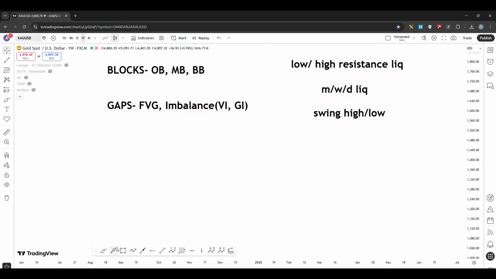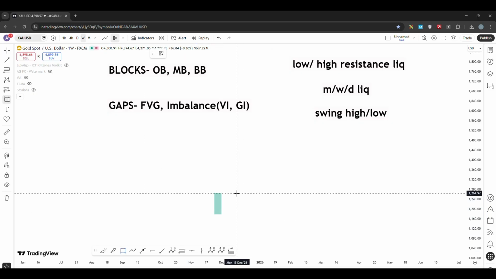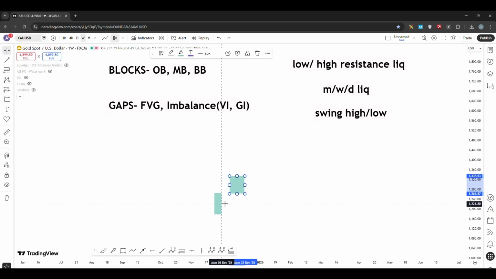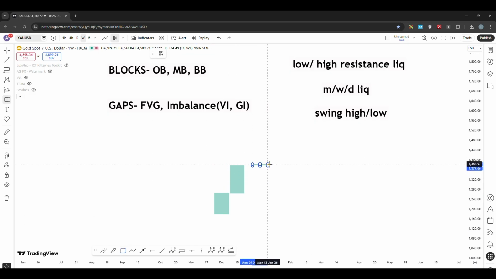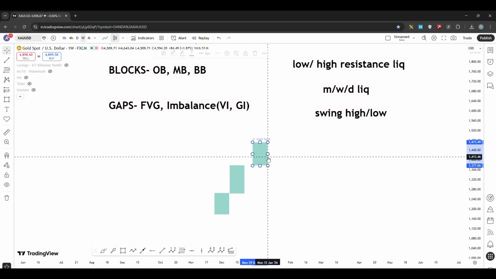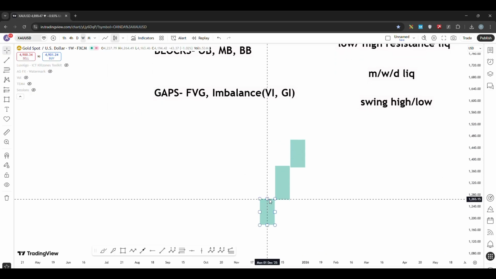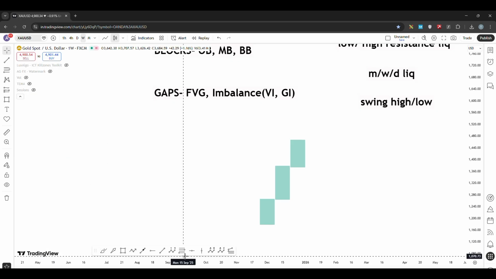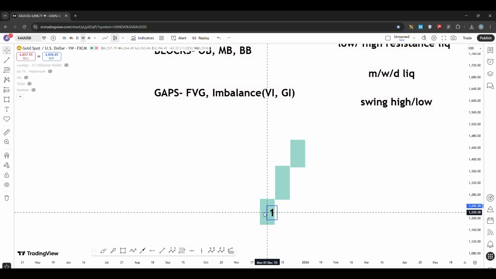So it's very simple. Let's say we have got three candles. Let's say we have got three green candles like this, back-to-back green candles like this. Okay, so if we have got this kind of three back-to-back green candles, and let's say this is the first candle, candle number 1.